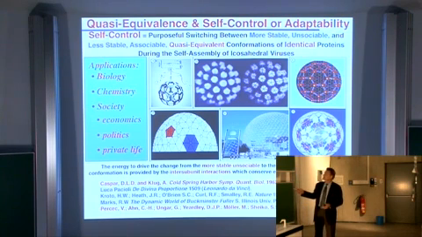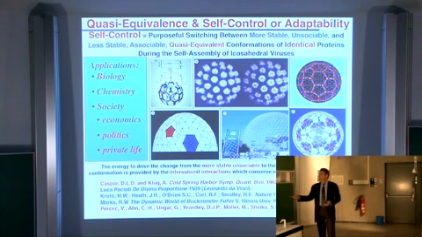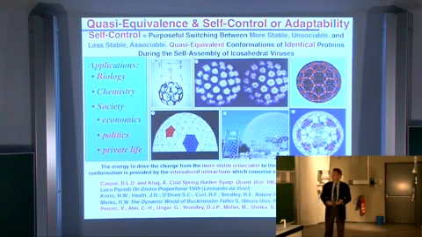Okay, so if we look at this, you can see that it was Leonardo da Vinci who did know about these principles of construction in the 15th century, and this is a story written by other people about him, that these general principles are extremely universal. This is the structure of C60.